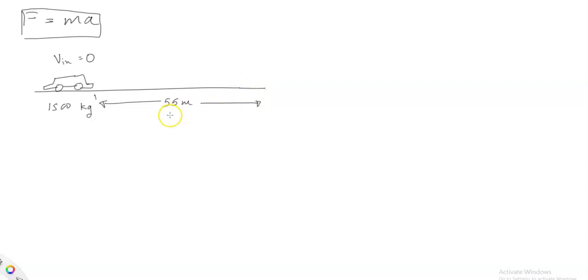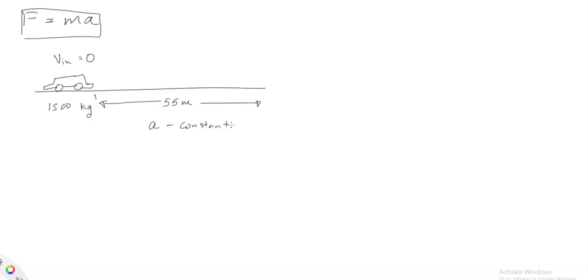It's going to accelerate. So it's going to accelerate constant. Now there are situations where acceleration is also changing. Now acceleration means velocity is changing, right? The speed is increasing.